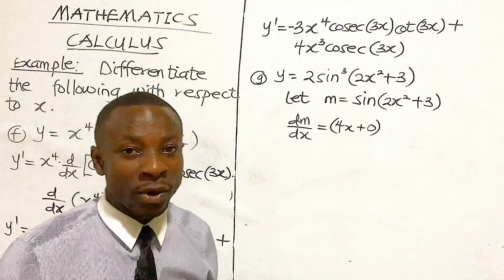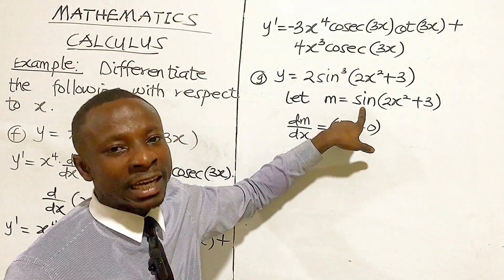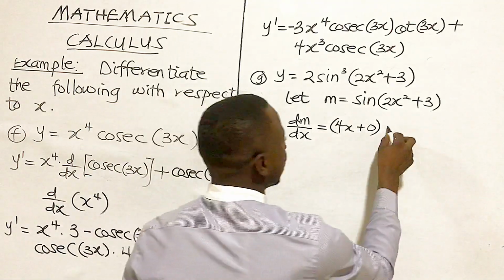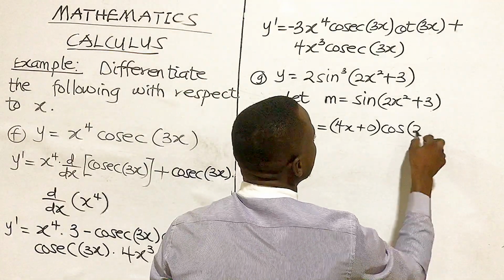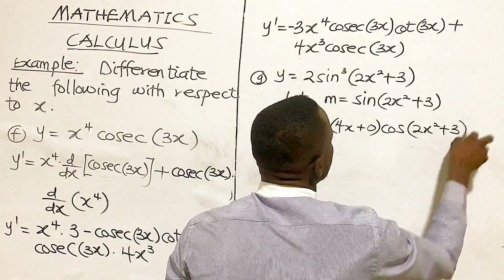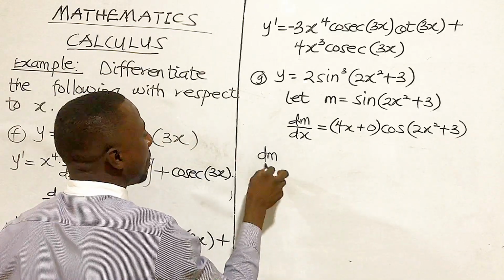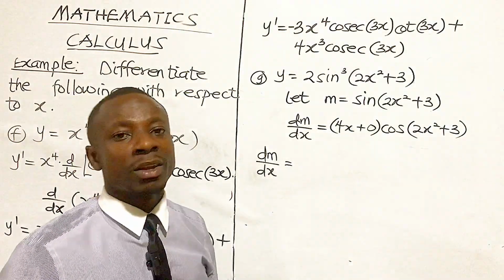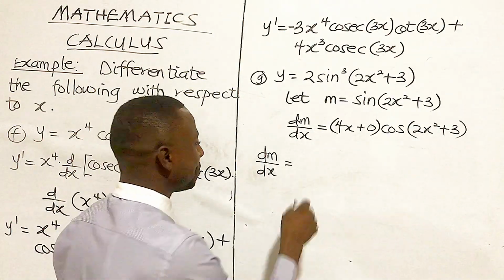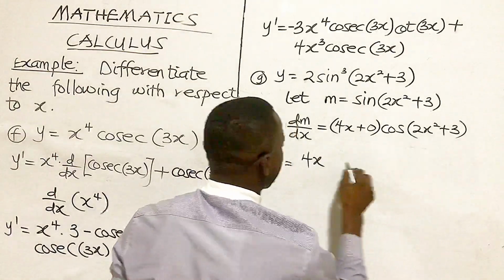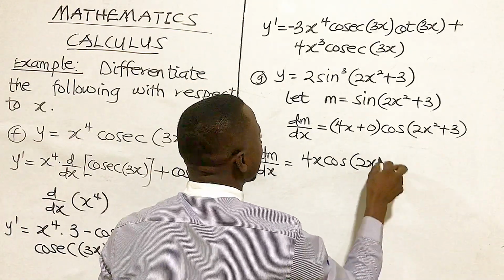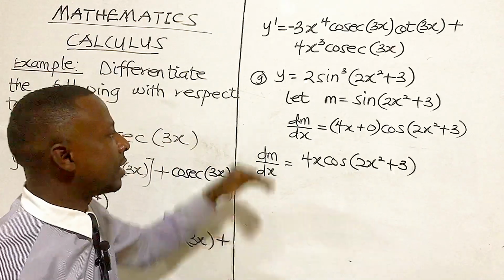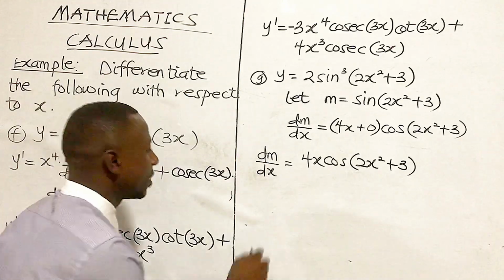After differentiating what we have in the bracket, we now differentiate the sine itself, and when I differentiate sine, we get cos of the whole function 2x squared plus 3. So dm over dx is equal to 4x plus 0, we still have 4x multiplying cos of 2x squared plus 3. So this is going to be the dm over dx.